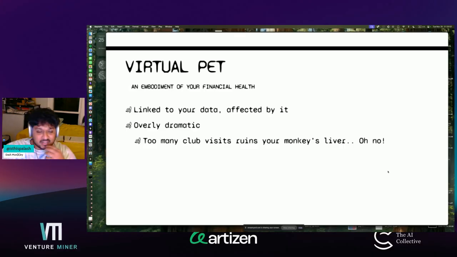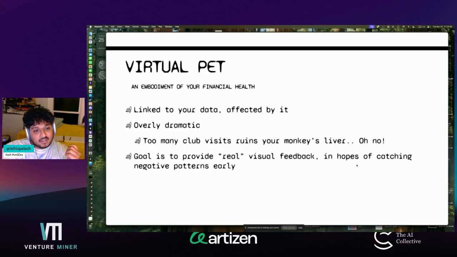The idea behind this is that once your monkey has information about all of your financial habits, instead of seeing dashboards and pie charts and stuff like that, you instead glean information about your spending habits based on the monkey's health.